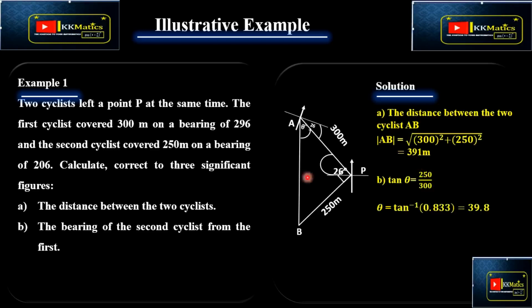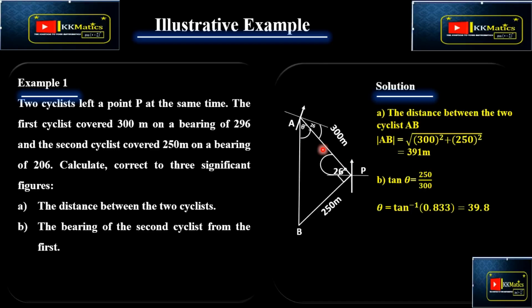And then we go on ahead. We are to define the bearing of the second cyclist from the first. So looking at it in the right angle triangle form, we weren't given the hypotenuse. This is the hypotenuse that we found, which is 391 meters.